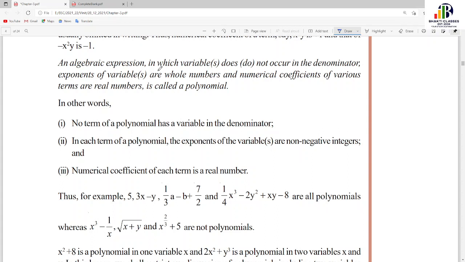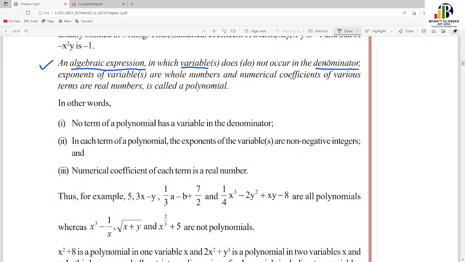So here the definition of polynomial is given. First of all, a polynomial is an algebraic expression. It is such an algebraic expression in which variables do not occur in the denominator.